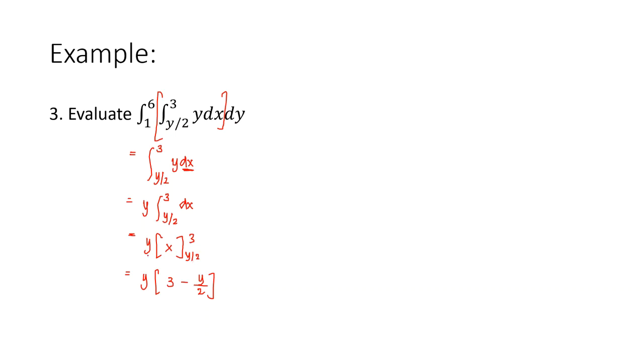Let's simplify this one before we integrate it again. We have 3y minus y times y over 2, which is y squared over 2. This is now the simplified value for our integrand here. We'll be integrating it again using the outer limits and the outer differential.